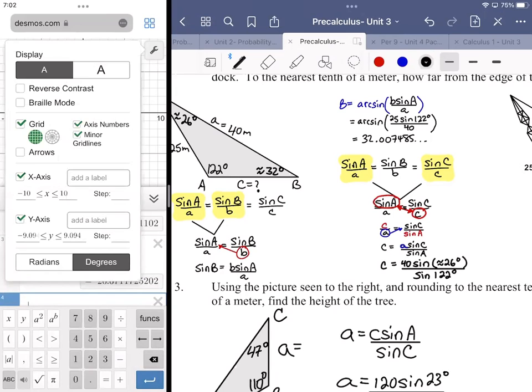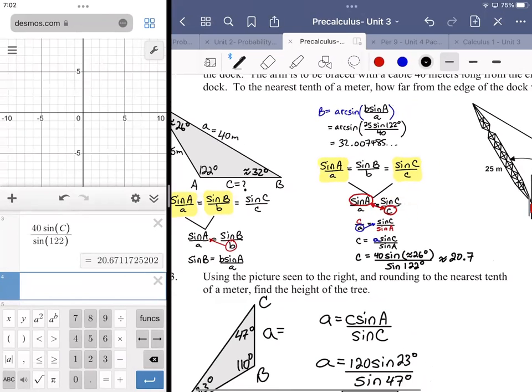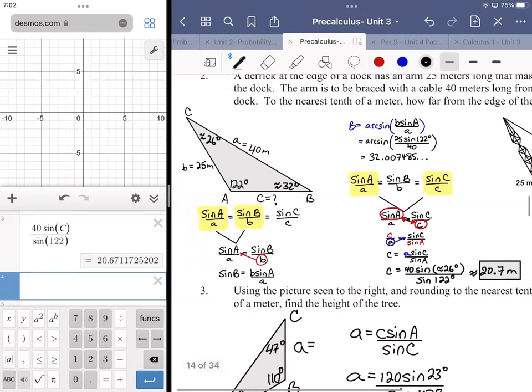Again, just make sure you're in degree mode and you'll get the appropriate results. So we're talking about 20.7, nearest tenth of a meter. And that would be the most exact answer that we could get because we worked with exact values along the way.